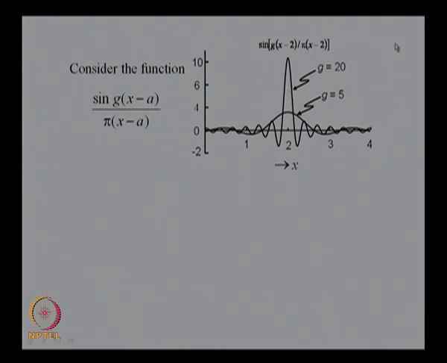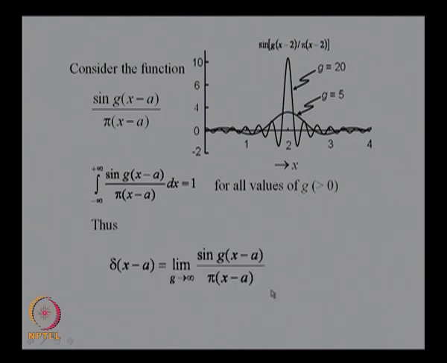In the limit of g becoming a very large number, this has an infinite value at x equal to 2, but the area under the curve remains unity, and therefore it has all the properties of the Dirac delta function.